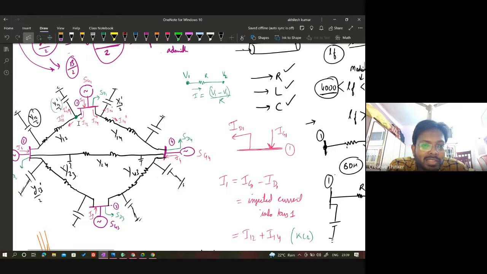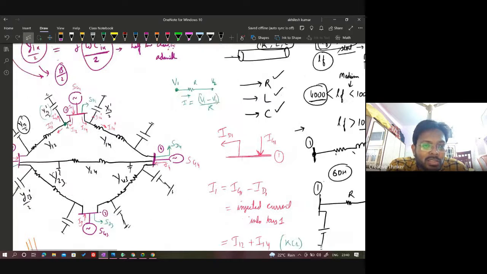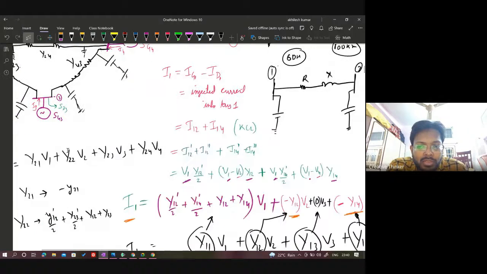This is the line charging admittance. So I have written this I12 dash. Similarly, I12 double dash I can write as this voltage minus this voltage into this admittance, so V1 minus V2 into Y12.